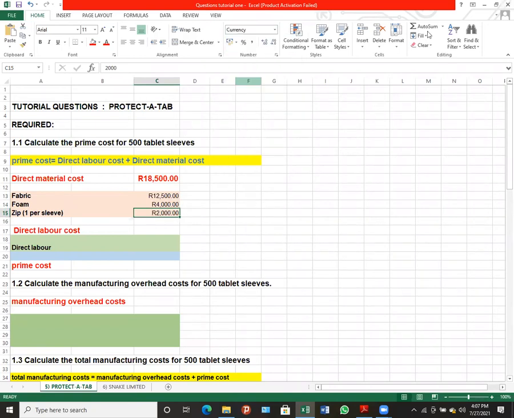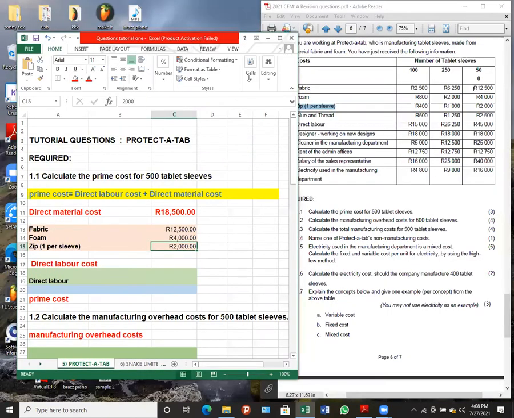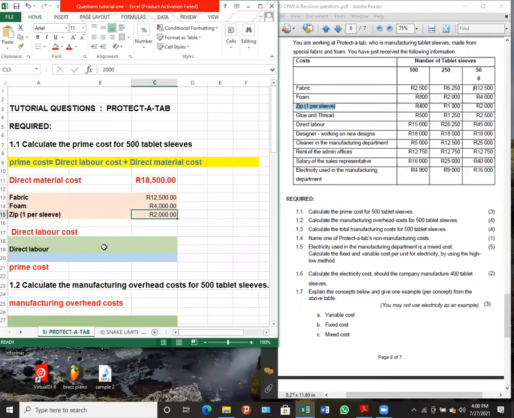From the information, what is our direct labor, or our direct labor cost? Anyone who wants to take this?